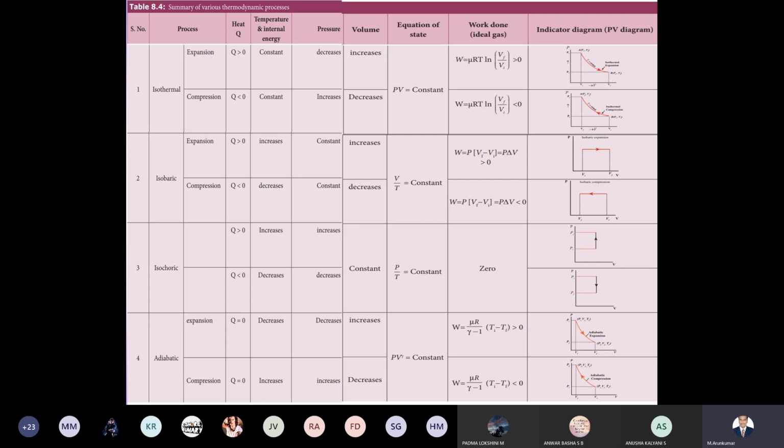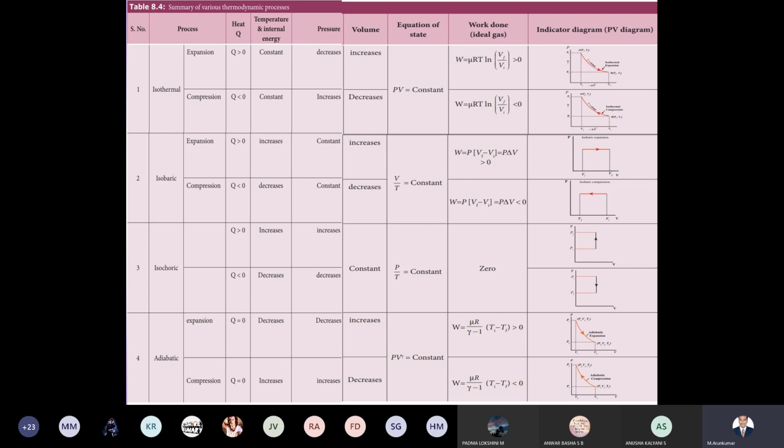In a piston cylinder arrangement, the piston encloses some volume, and in that volume there is air. If you compress the air with the piston cylinder arrangement, that is called a compression process.